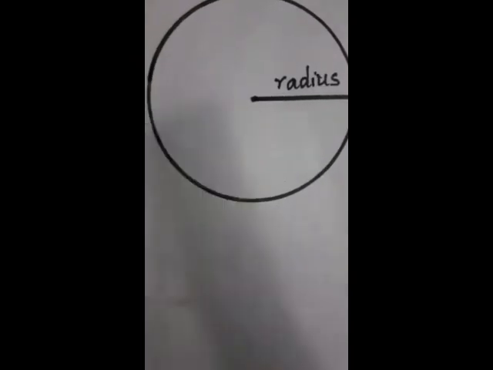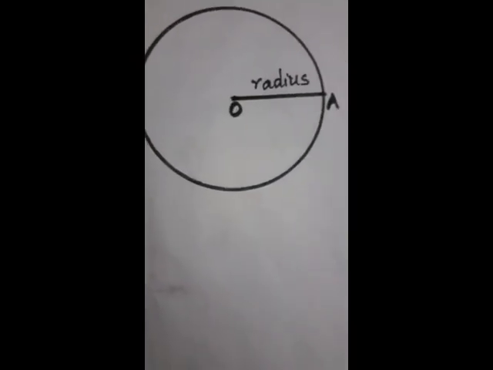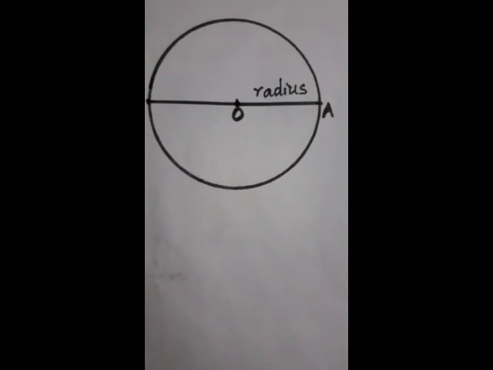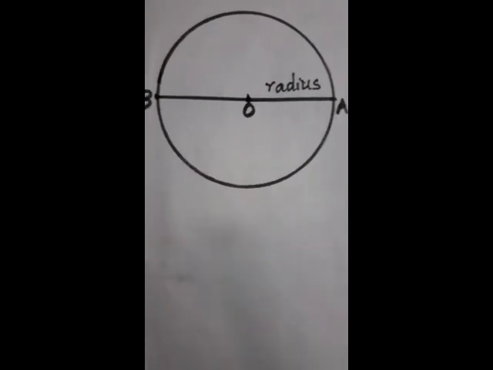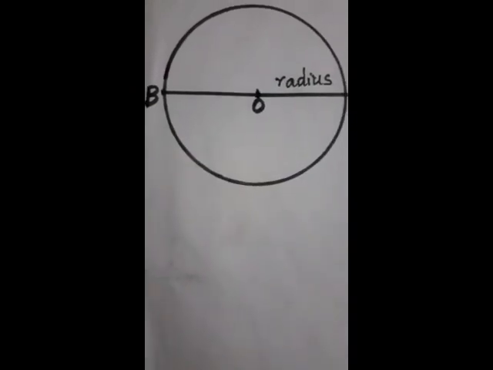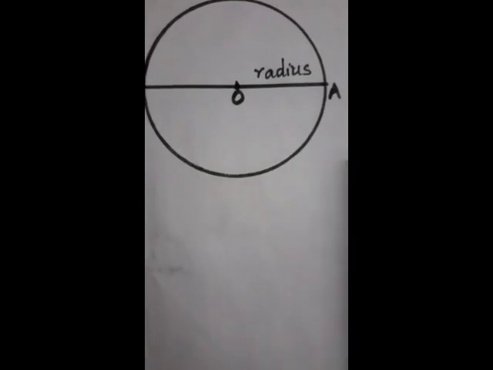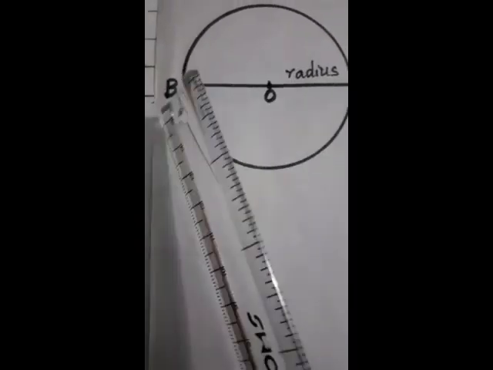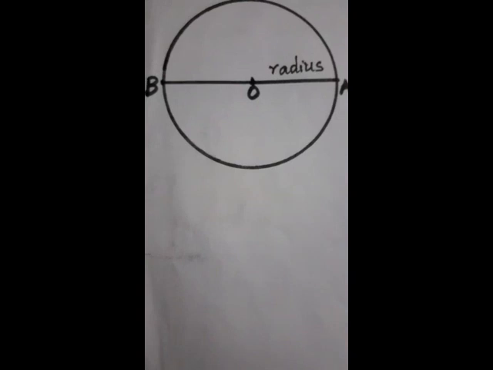In one more way I am drawing from here to here. OA is radius. Now look here, OB. This OB is also a radius, yes. Why? Because it is from the center to any point. So OA is also a radius, OB is also a radius.